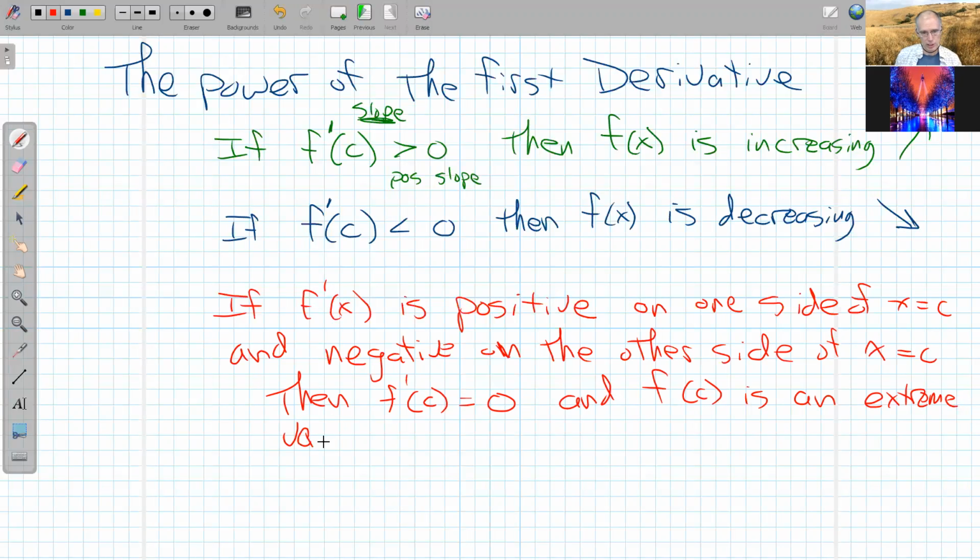And we'll classify these as max and mins in a second. But this is kind of a general idea. This is related to what we were talking about the other day, critical values, critical points.